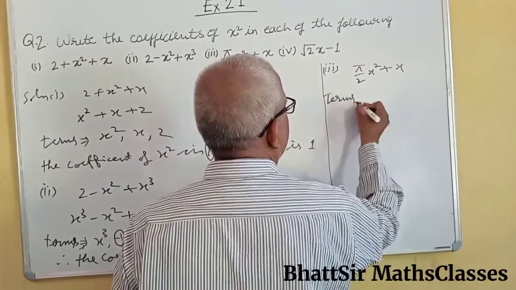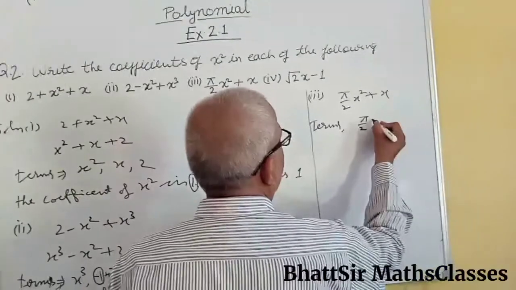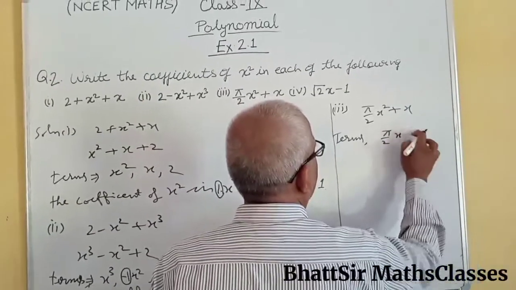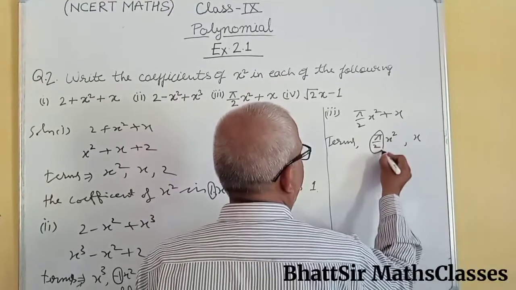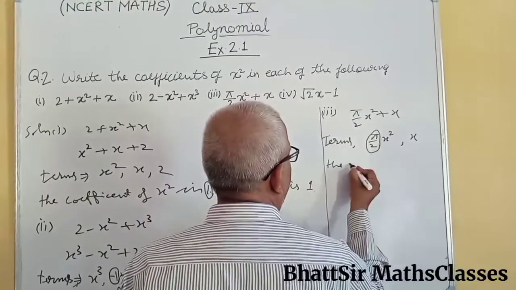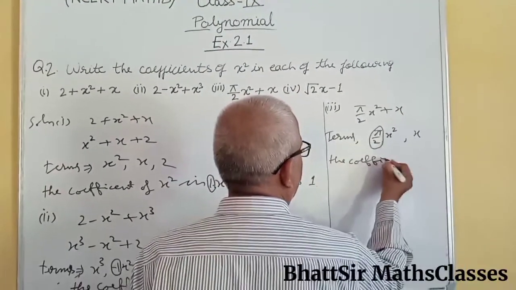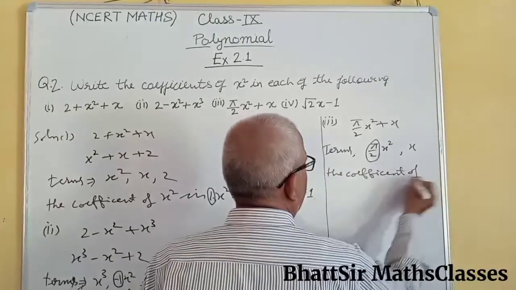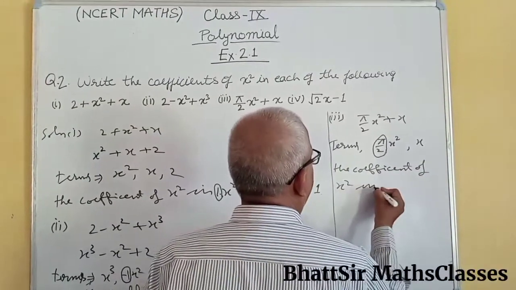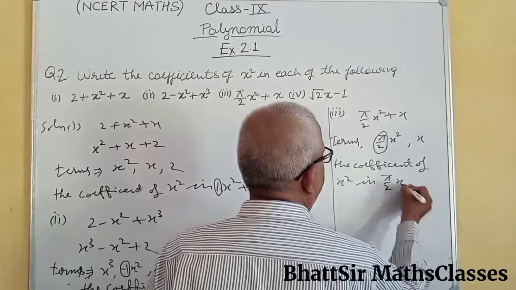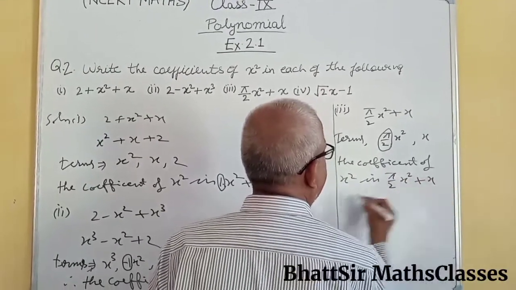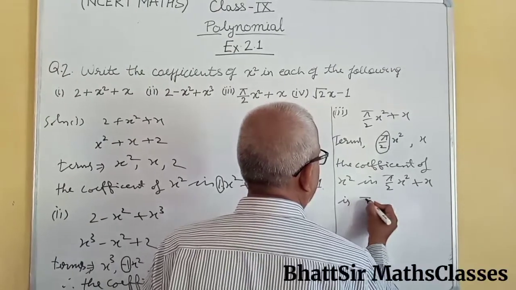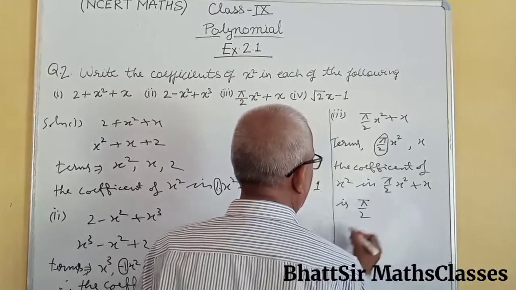The terms are pi by 2 x square, x. So the coefficient of x square in pi by 2 x square plus x is pi by 2.